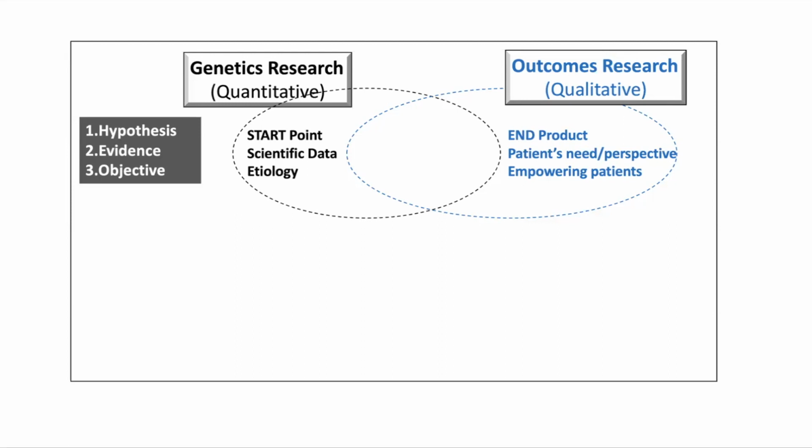In genetic research, we typically test a hypothesis using scientific data to find disease etiology. In outcomes research, hypothesis generation is often the endpoint, and it is finalized by incorporating patient perspectives.